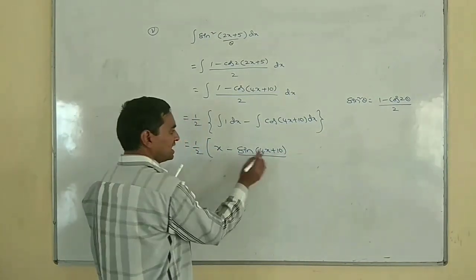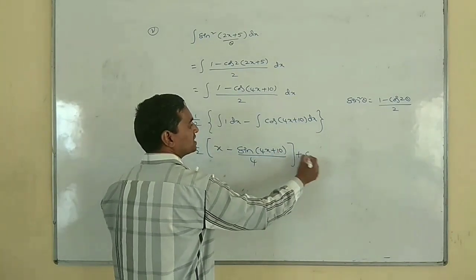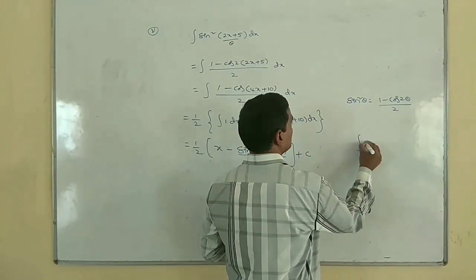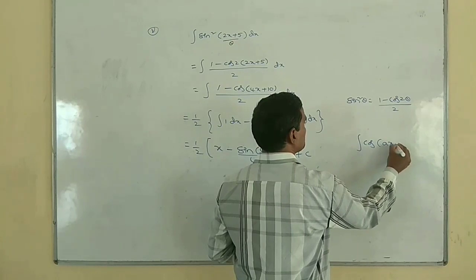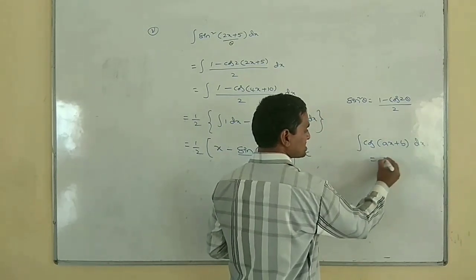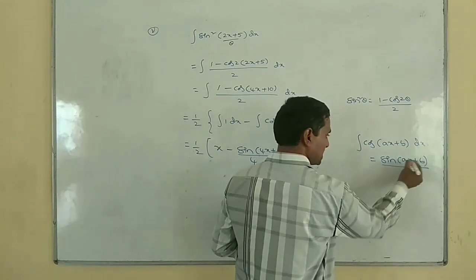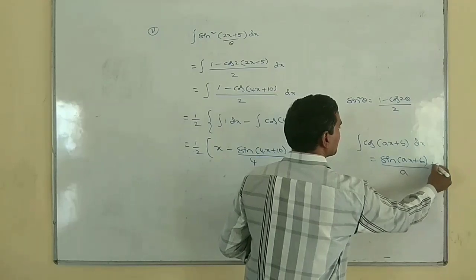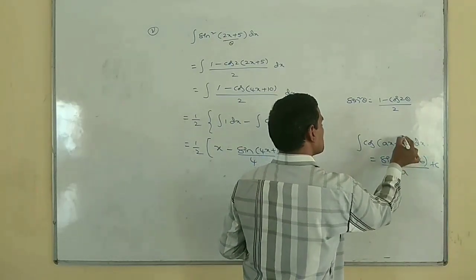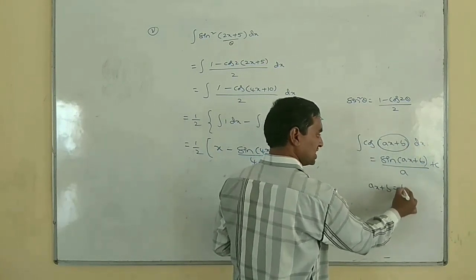After that, in the denominator, the x coefficient is 4. This is in the form of integration of cos of ax plus b dx. Cos integration is sine of ax plus b by the x coefficient a. Here a is the coefficient of x, and b is constant. Suppose we assume ax plus b as t.